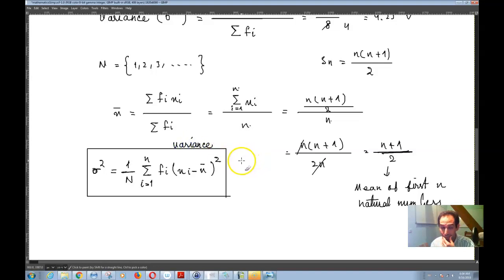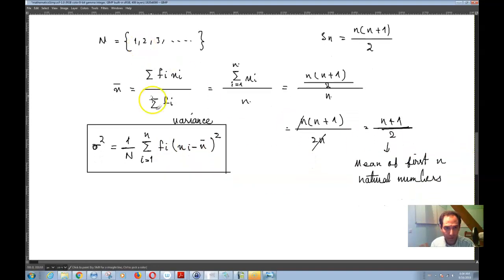So now, first of all, the x bar part, we calculated that to be n plus 1 divided by 2. Of course, you know that in the case of these numbers, your f of i is equal to 1 in all cases. The numbers don't repeat themselves.